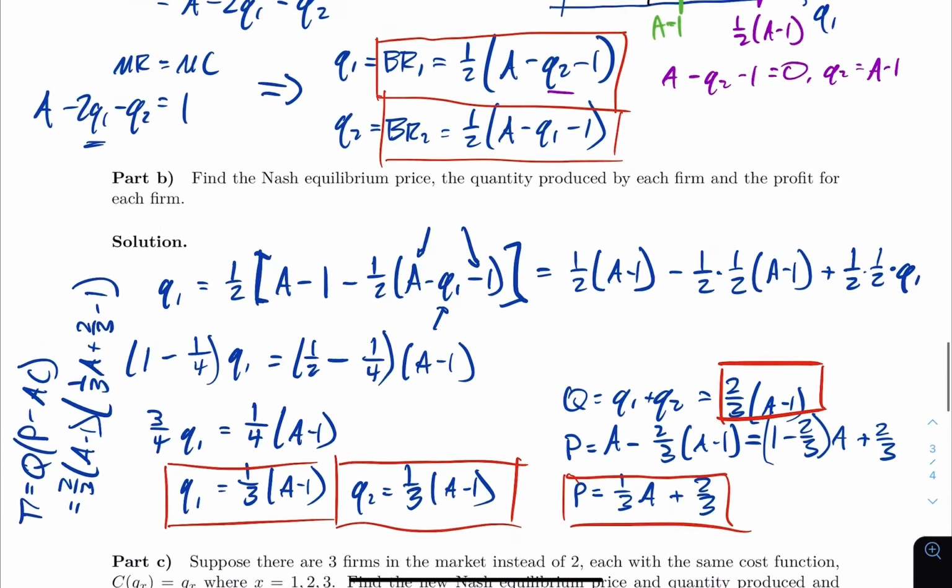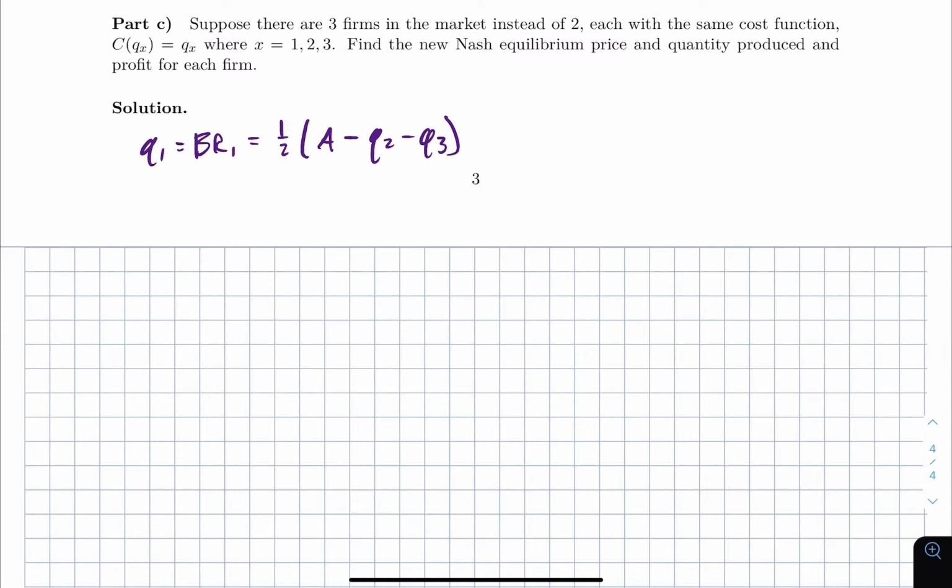And that's true for each of the three. So the classic trick here is that because these are symmetric, by symmetry, Q1 is equal to Q2 is equal to Q3. So we're just going to call this Q.